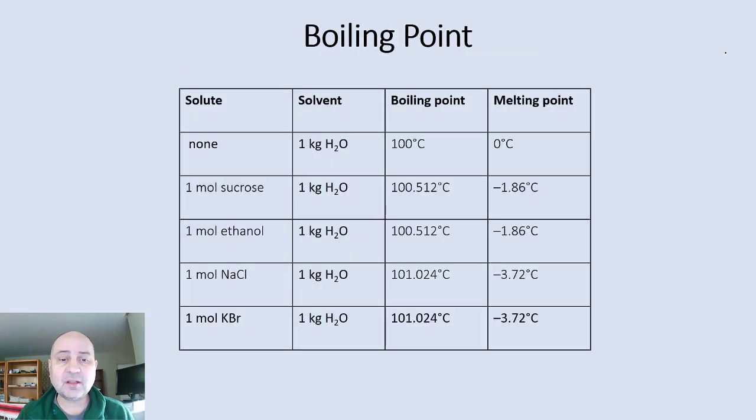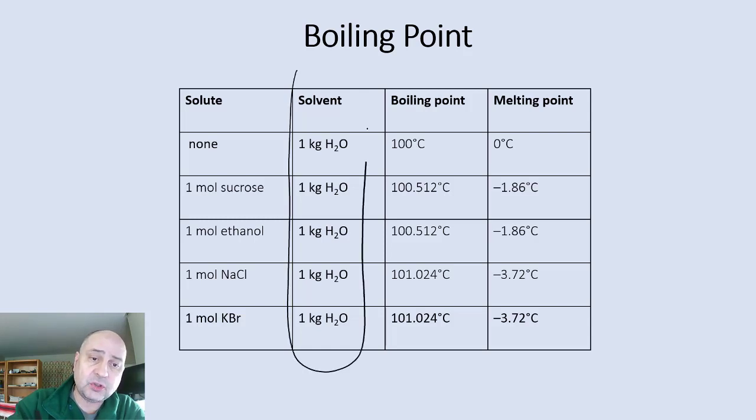Okay, and so it does that depending on how much is in a solution and what is in a solution. If you look at some data here for boiling point, one thing that is the same here is all of those solutions are 1 kilogram of water, and then we add something to it. It's all in water.